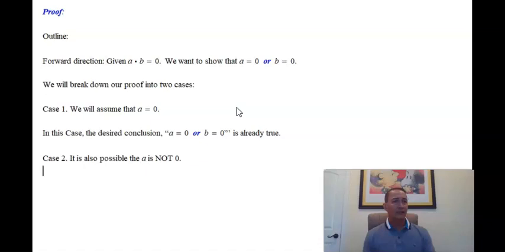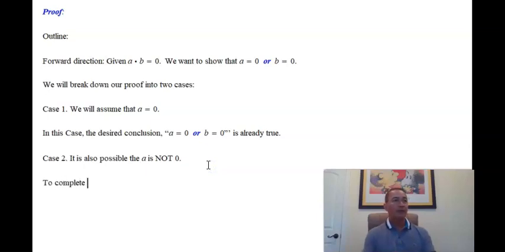What about the other case? It is, of course, possible that A is not 0. How are we going to complete the proof? Well, if A is not 0, the only other possibility that has to happen is that B equals 0.